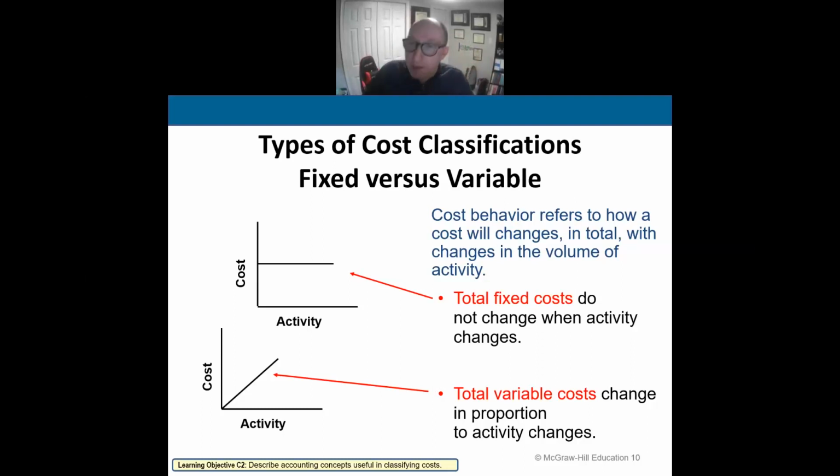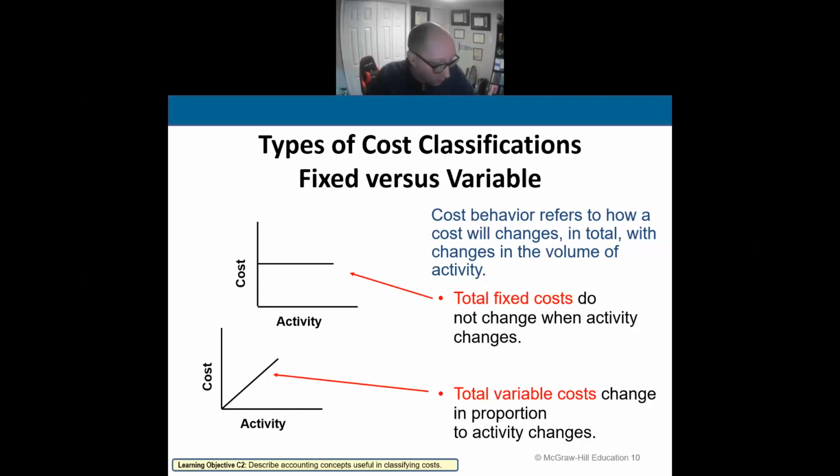Another example of variable cost, the electricity. The more I have my lights on, the higher my electric bill is. What a concept. Utilities, for the most part, are variable cost. They go up with the level of usage.